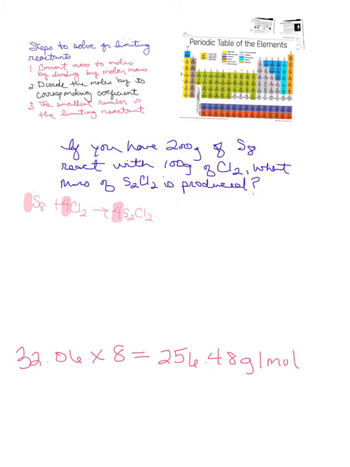I always start with my given from the problem. According to my problem, I have 200 grams of cyclooctasulfur, so 200 grams of S8.